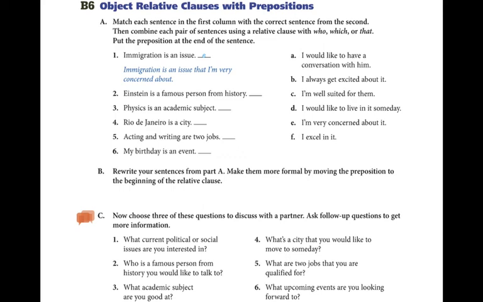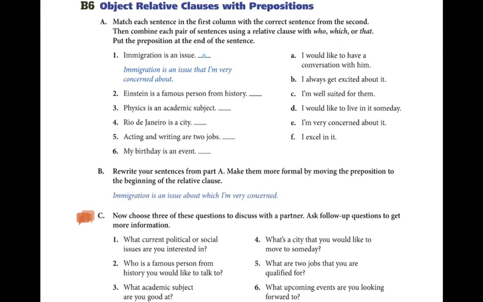All right, so I am concerned about the issue of immigration. So I'm very concerned about is the preposition, about something, I'm concerned about something. I'm concerned about this issue. It's an issue, and immigration is an issue that I'm very concerned about. So we have that as the object of the preposition about.